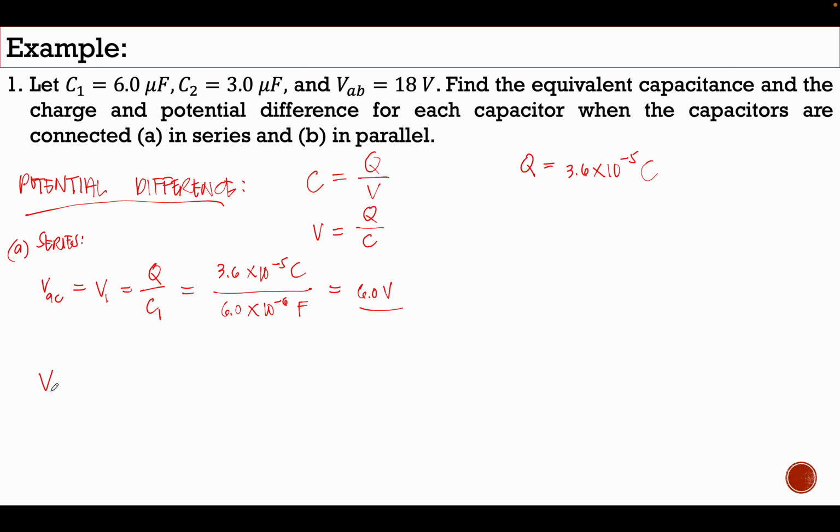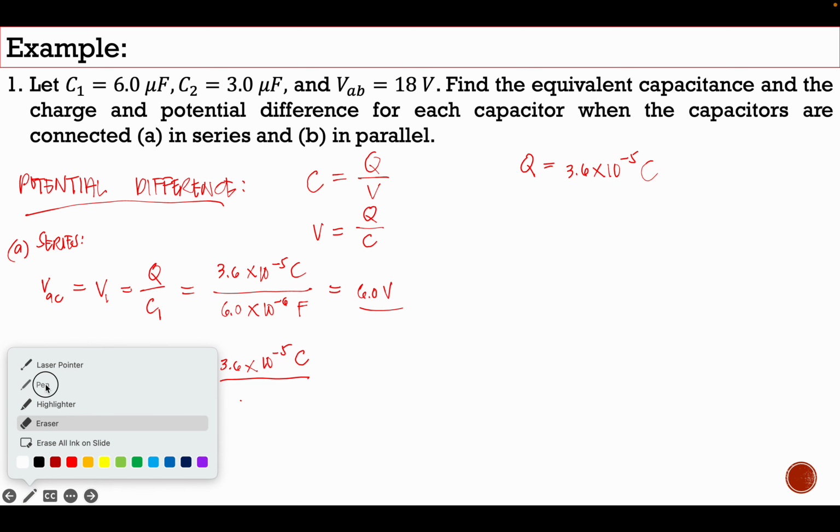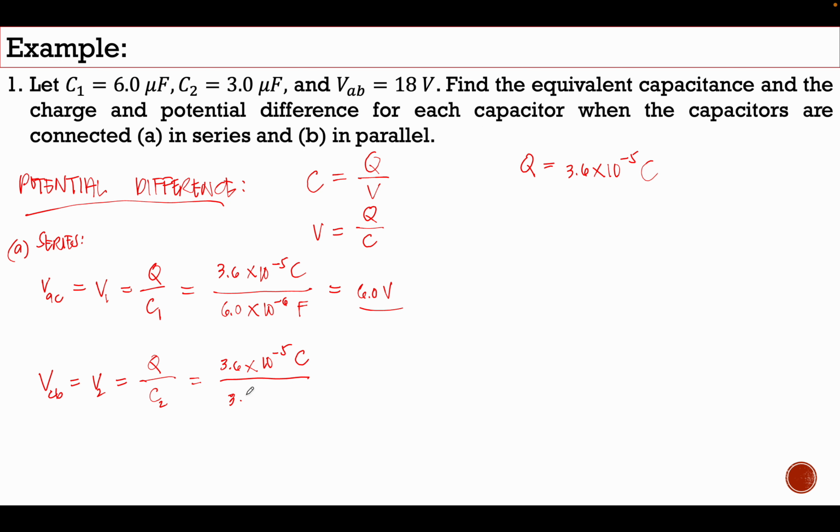And for VCB, or our V2, is equal to Q divided by C2, which is equal to, again, 3.6 times 10 to the power of negative 5 coulomb divided by 6, no, it's not 6, it's 3 times 10 to the power of negative 6 farad.